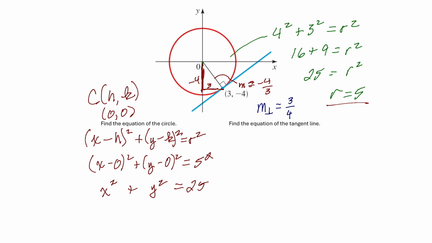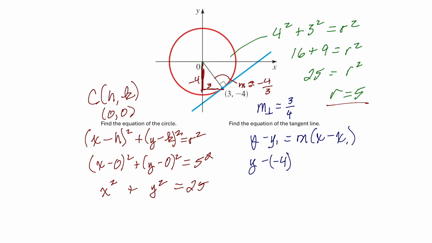So now I have a point and I have a slope. I'm going to go ahead and use the point-slope formula. So I would have y minus y sub 1 equals m times (x minus x sub 1). And go ahead and make your substitutions. y minus negative 4. That negative 4 is the y coordinate right here.